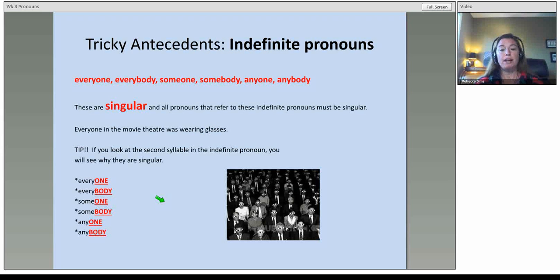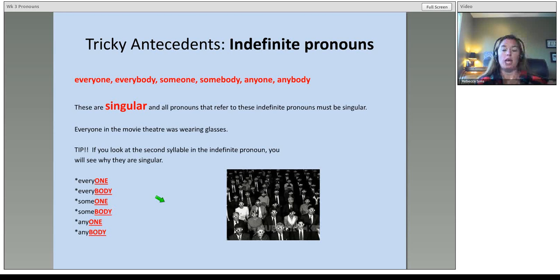We do have some tricky antecedents. These are called indefinite pronouns. They always confuse everybody. They sound plural, but they're actually singular: everyone, everybody, someone, somebody, anyone, and anybody. These are considered indefinite pronouns, and they are singular. They're singular because they refer to every single one person in the room.